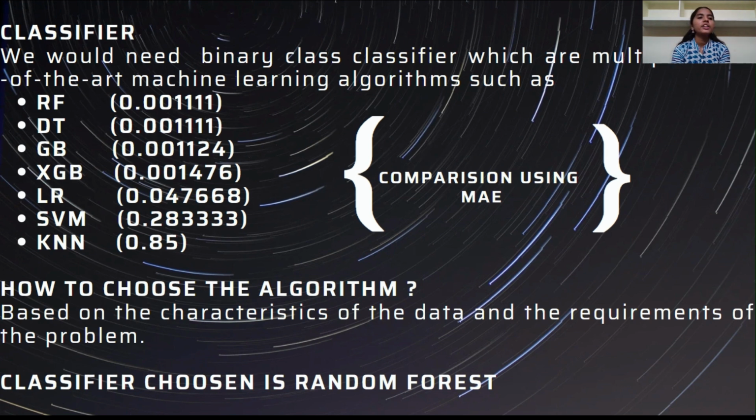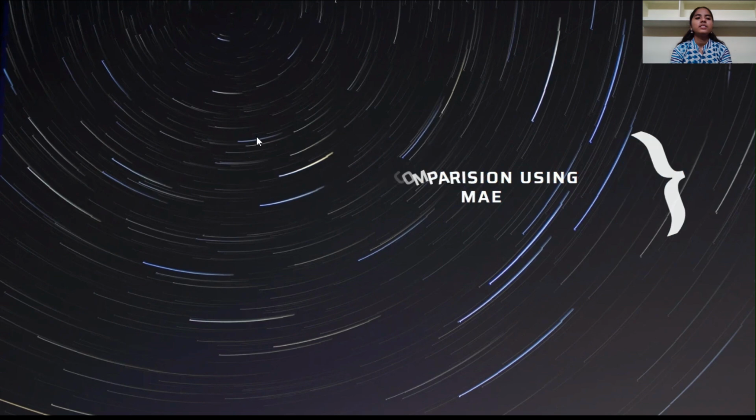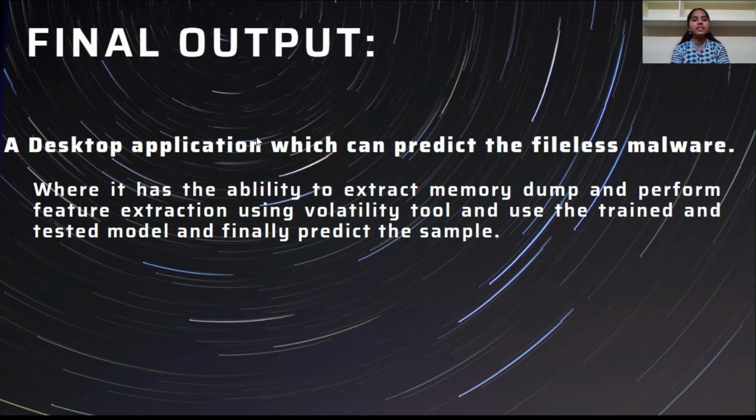Here I got random forest and decision tree with the least values. I chose random forest out of these two because it is a combination of different decision trees and takes the majority or average of their outputs, so it would be more accurate. This is why I have chosen random forest. The final output is a desktop application which can predict fileless malware.